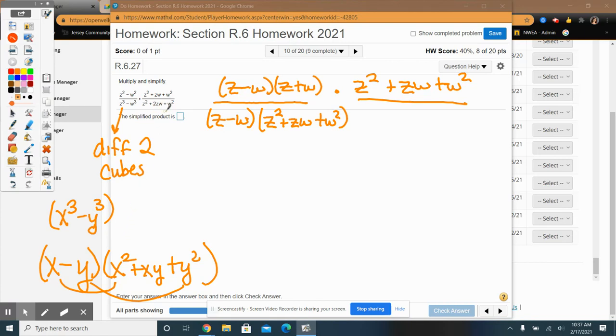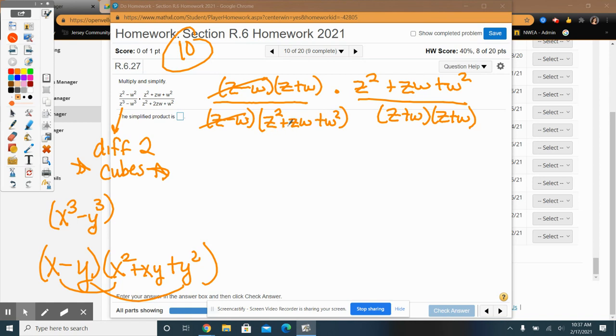And on the bottom, that also factors, that's the same thing as z plus w times z plus w. So there will be a lot of things that can cross out here, assuming you could do this difference of two cubes. I think a lot of kids will ask me questions on number 10, but everybody's problem should be very similar. First of all, the z minus w's will cancel.